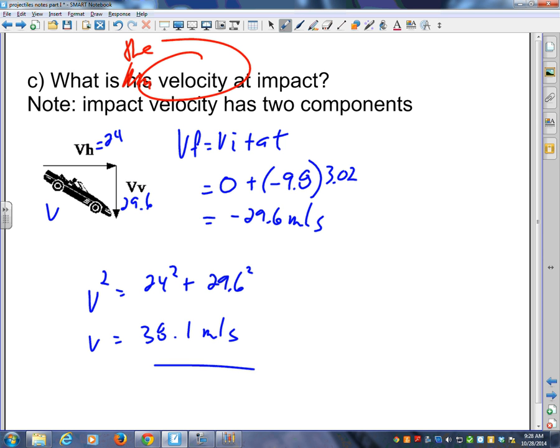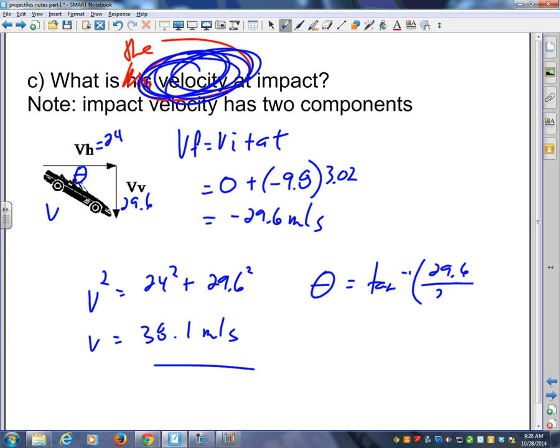Is that now the end? It's a vector. Opposite, 29.6, adjacent, 24.